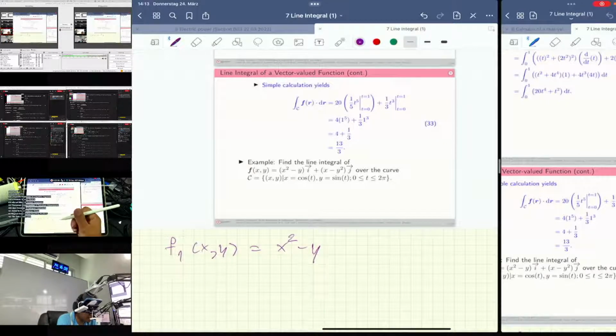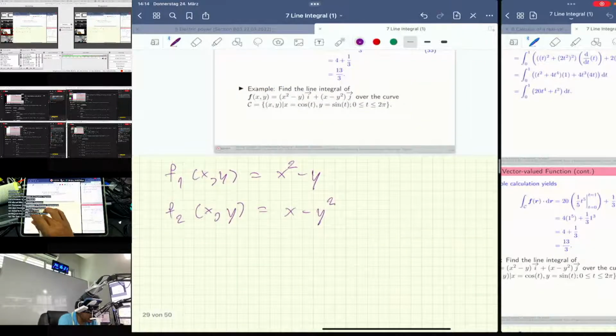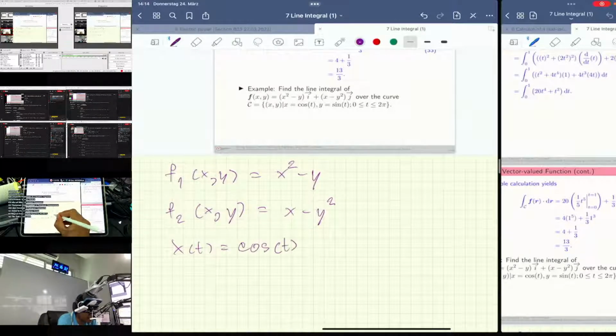And f2(x, y) is x minus y squared. And x(t) is cosine t, y(t) is sine t.